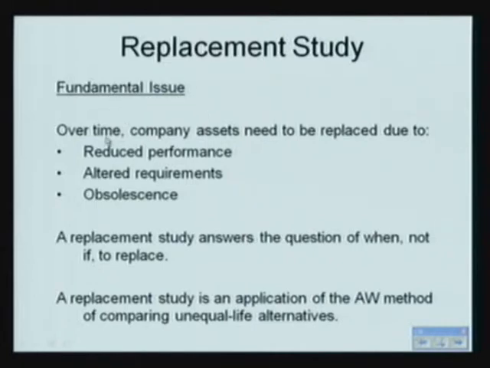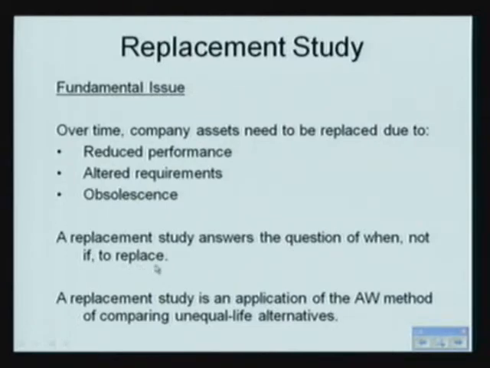The fundamental issue here is that over time, company assets need to be replaced due to reduced performance, altered requirements, or obsolescence. Basically, your equipment wears out over time. And so the issue becomes, do I need to replace this piece of equipment? It says here, a replacement study answers the question of when, not if, to replace.